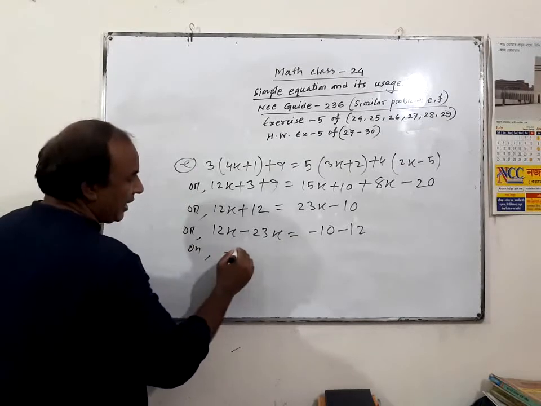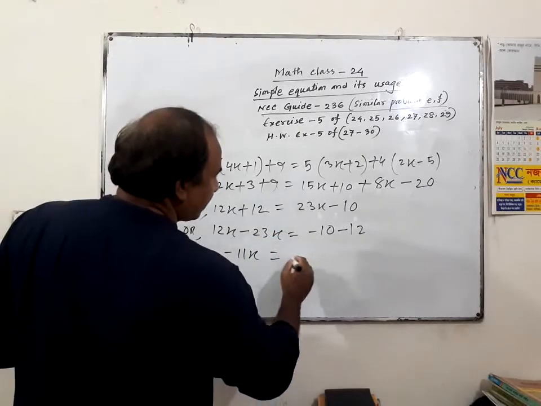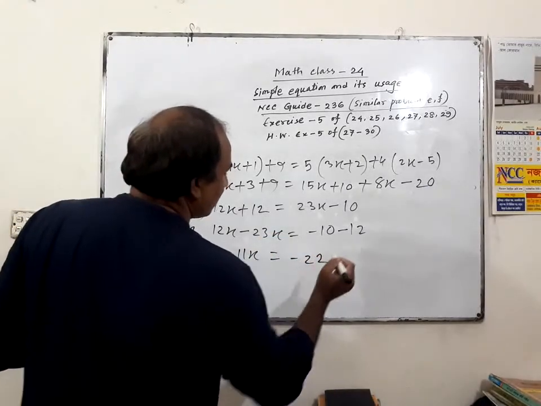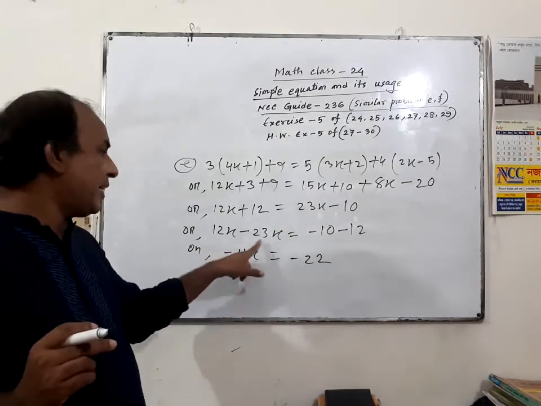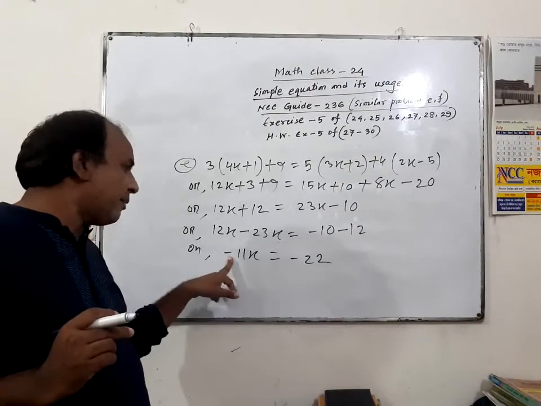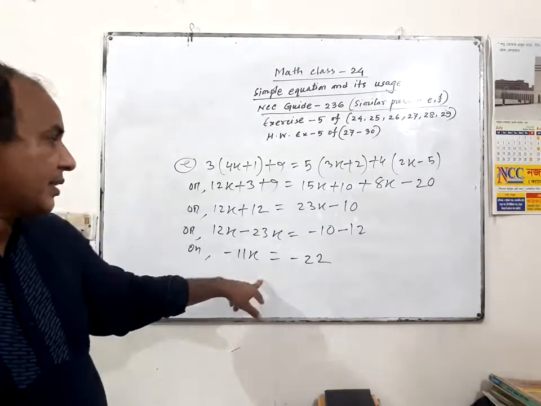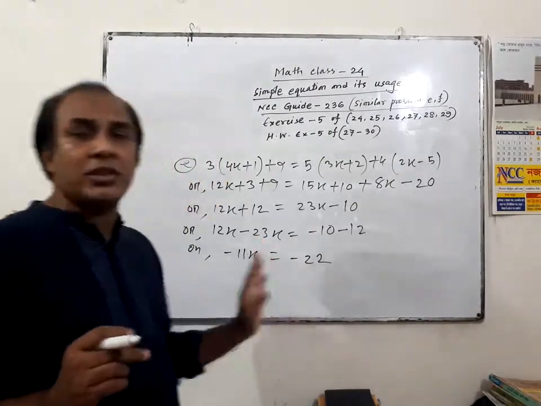So minus 11x is equal to minus 22. Plus 12x minus 23x is minus 11x, and minus 10 and minus 12 is minus 22.